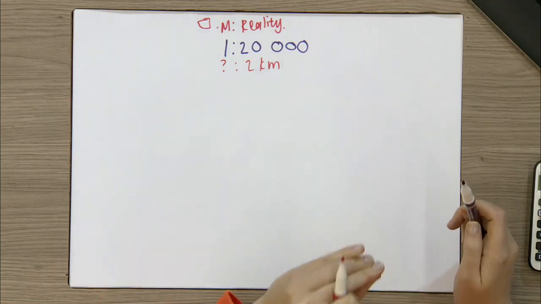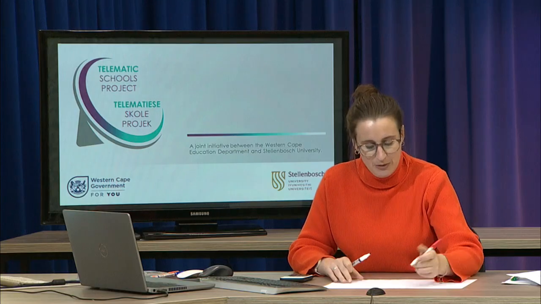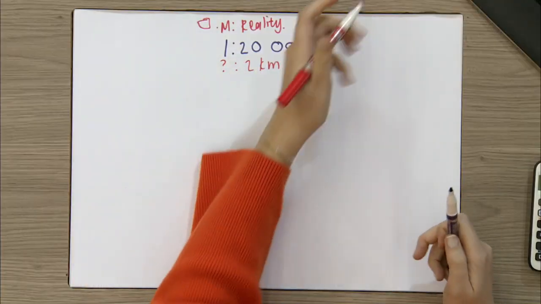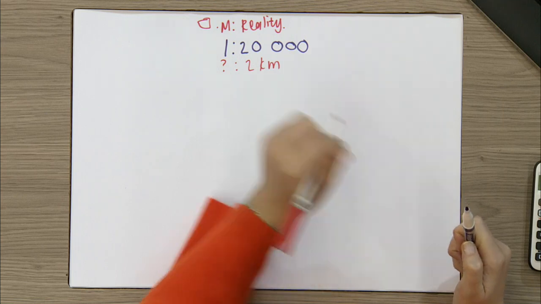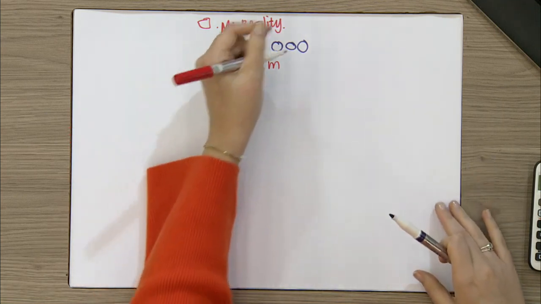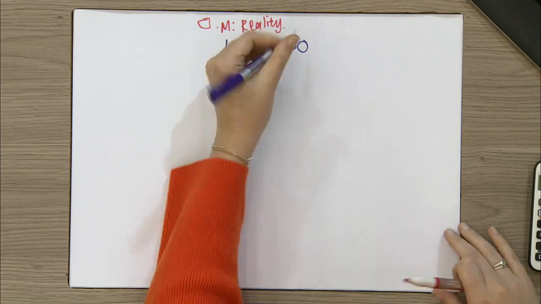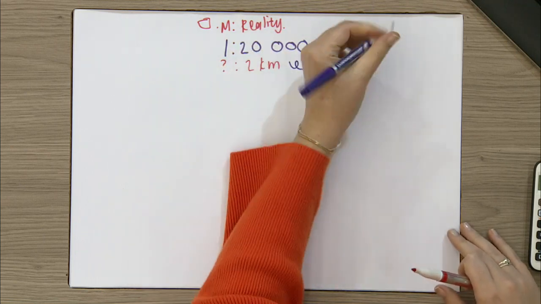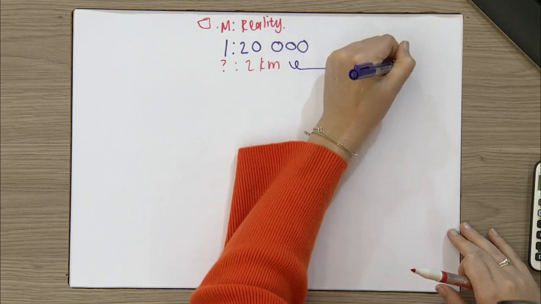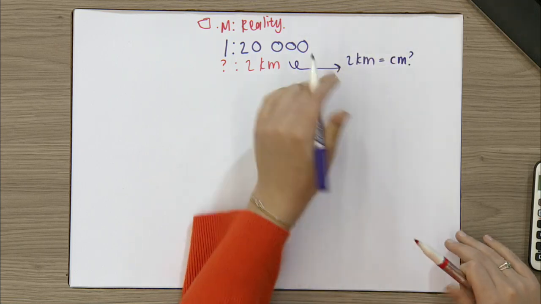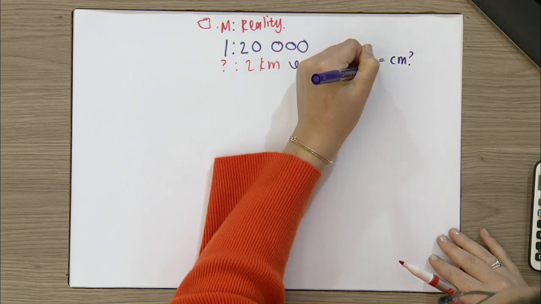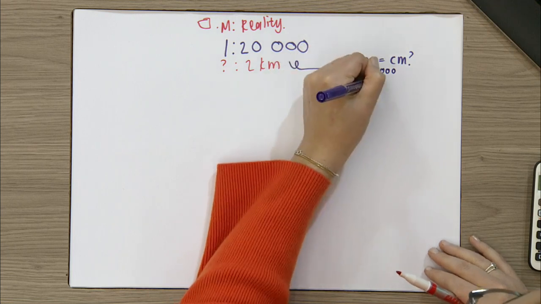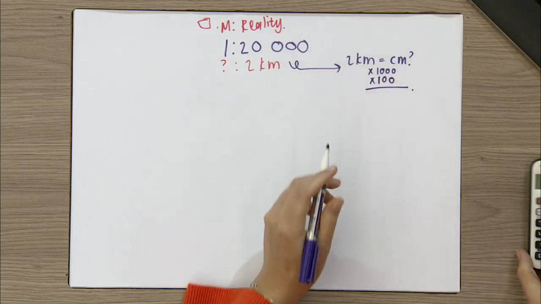So now, just as a precautionary measure, I'm going to say, okay, 2 kilometers would be how many centimeters? So if I have to look at something like this, I can say, just for myself, if 2 kilometers is in real life, how many centimeters is that? So to go from kilometers to meters, I will multiply 1,000, and to go from meters to centimeters, I will multiply by 100.